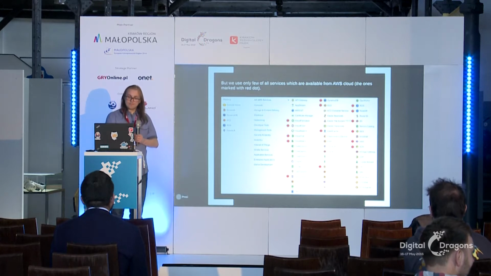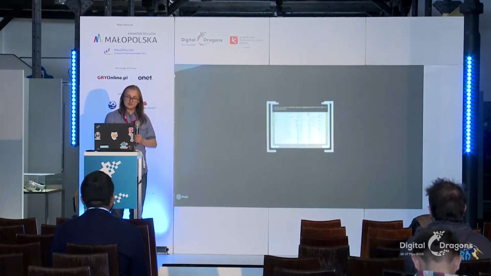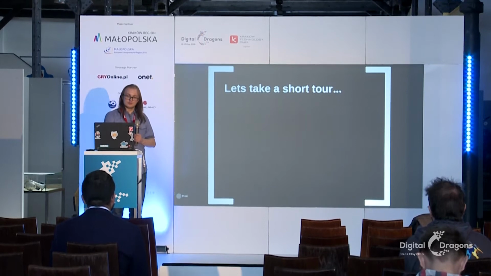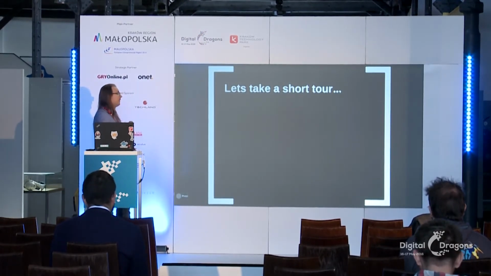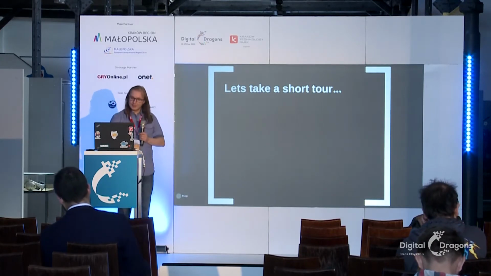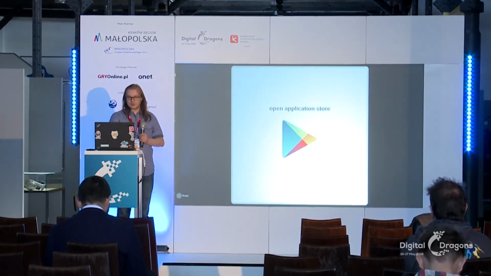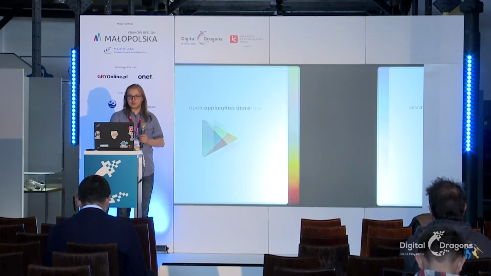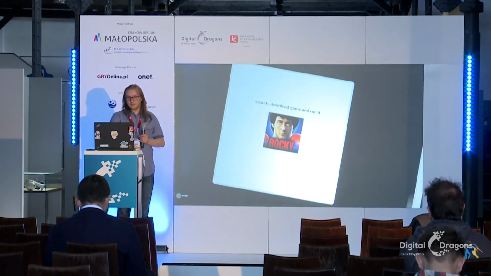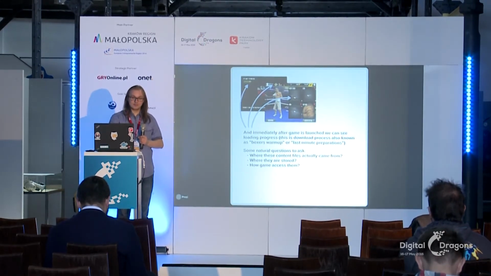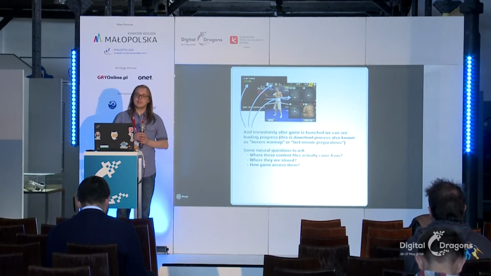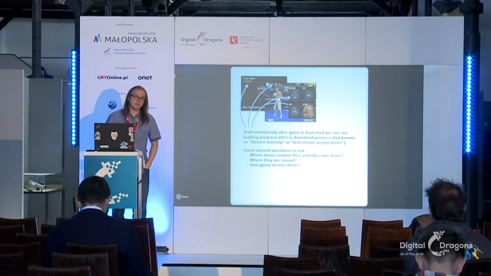So now let's go through the flow and see where we are using those services and how we are using them. Okay, so after the user opens the application store, installs the game and launches it, the game immediately starts downloading some content.